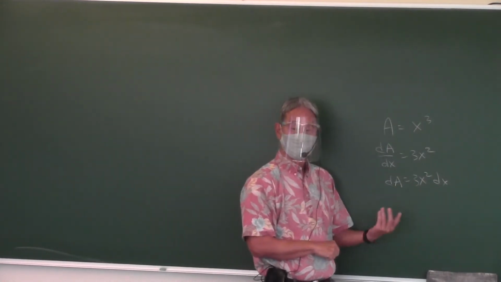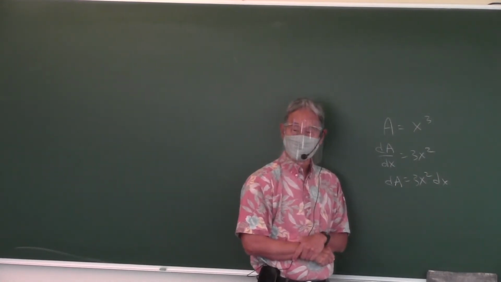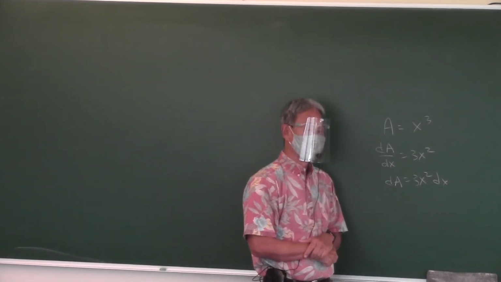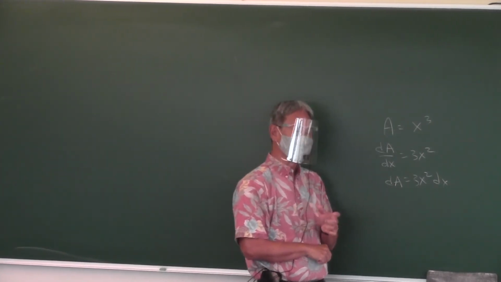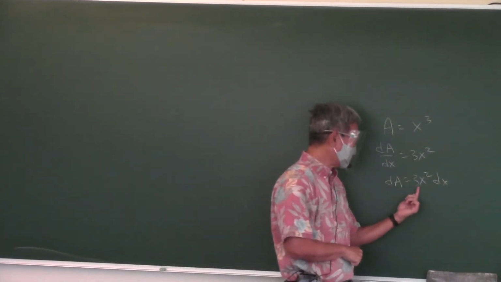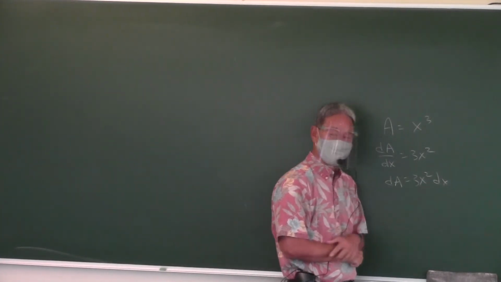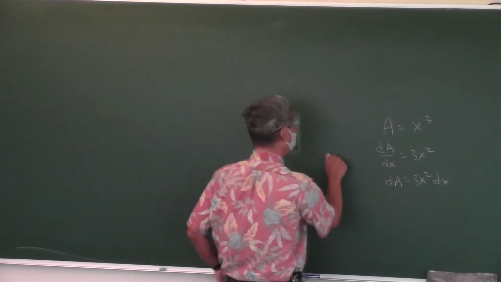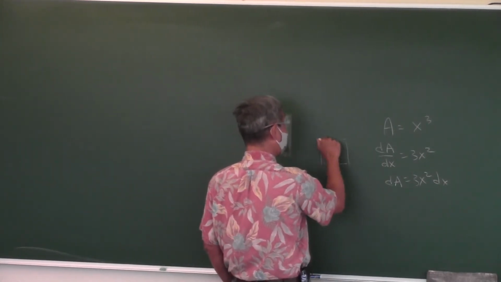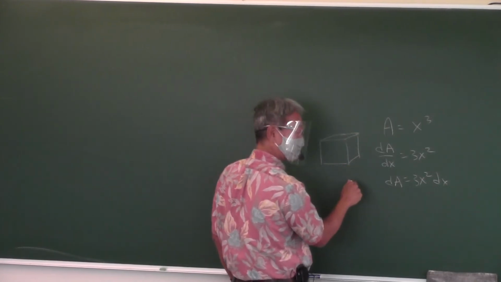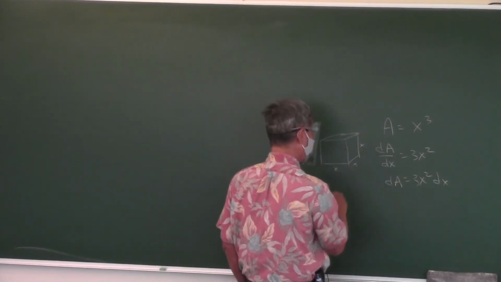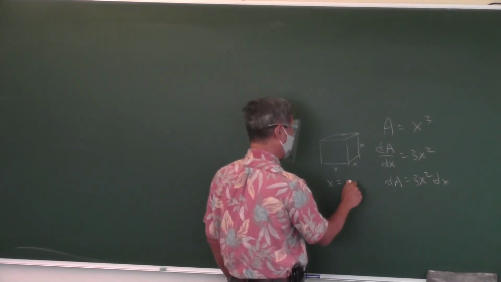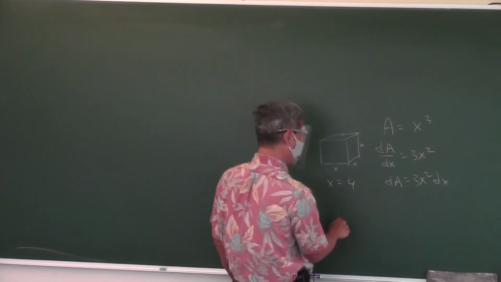Didn't you guys go over differentials in BC Calculus? Okay, so what is dA? The approximate change in area is equal to 3x squared times the change in x. So for example, when you have a cube, let's say x is, give me a number for x. 4.